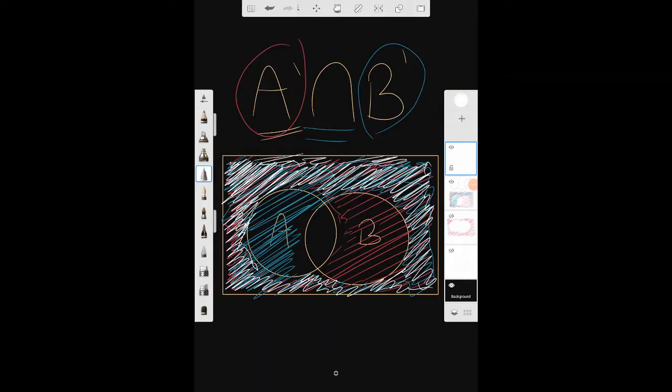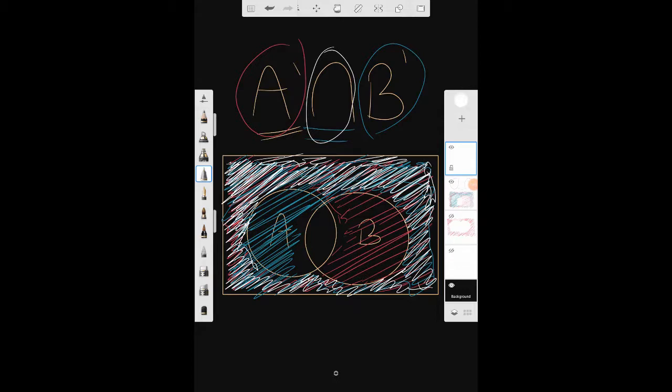So let me take off the other part. This white colored part is the intersection part. So I showed you what is A complement, I showed you what is B complement, and I showed you the intersection between A complement and B complement.